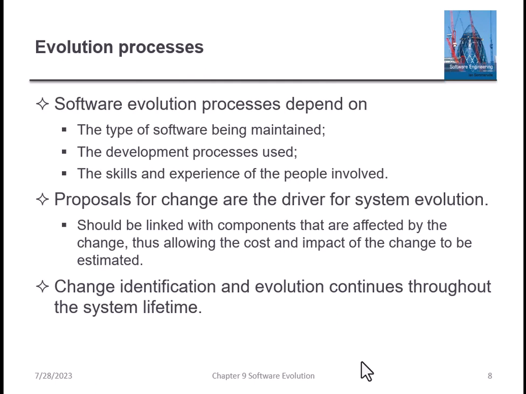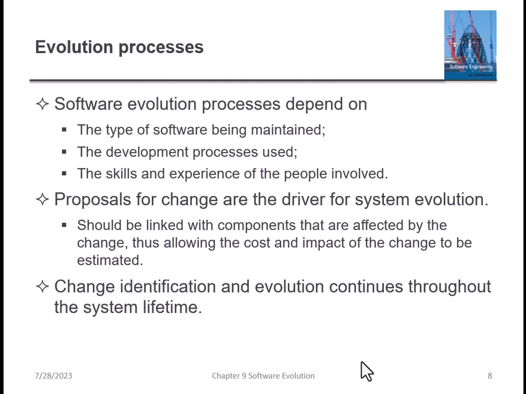So the nature of software should be analyzed, and the development platform in which the software is developed is also important to know.